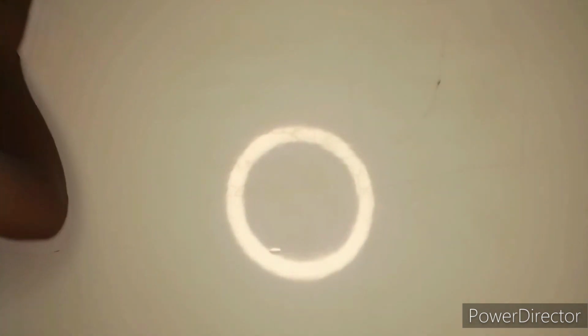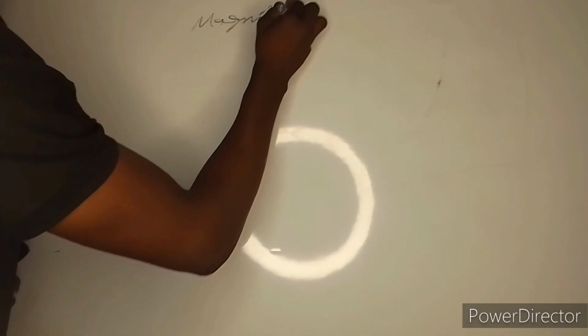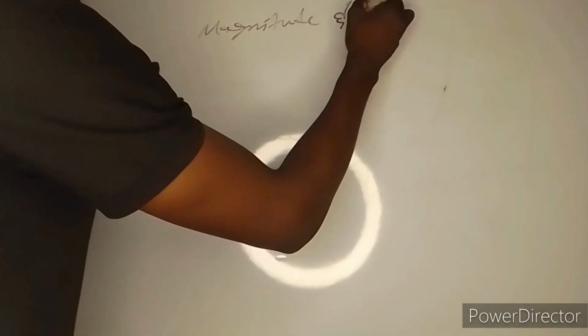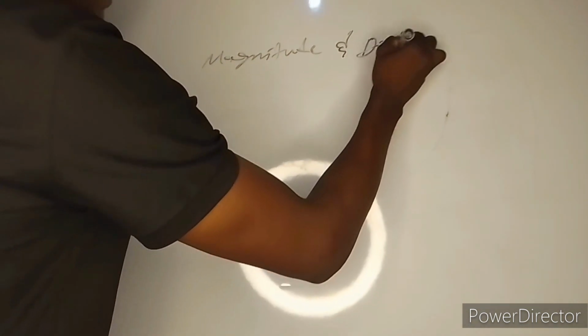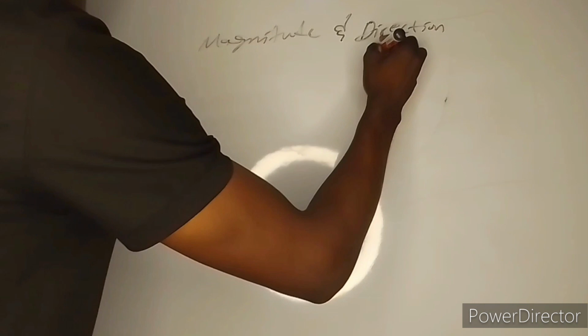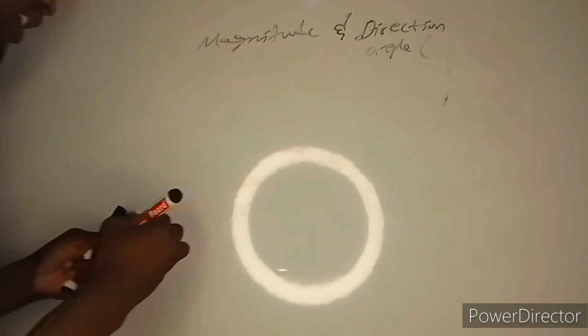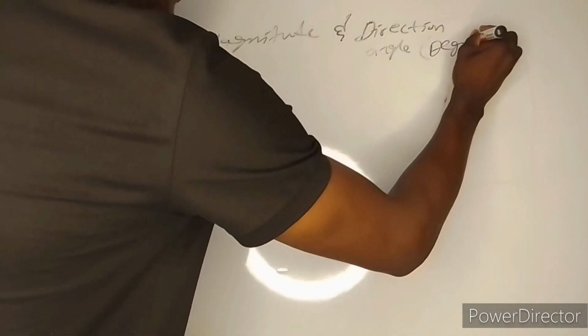Okay, now under vectors, since we said the most important things are the magnitude and the direction, you find that this direction is usually expressed as an angle in degrees.